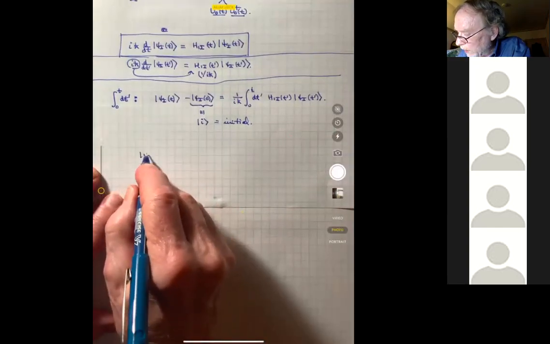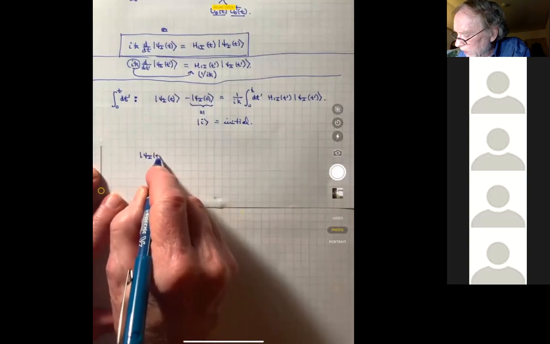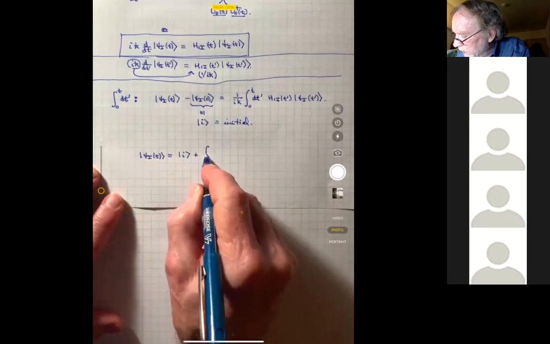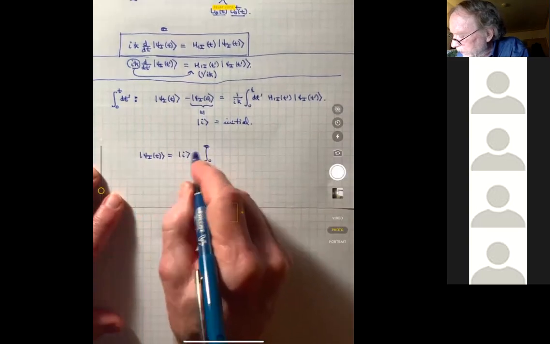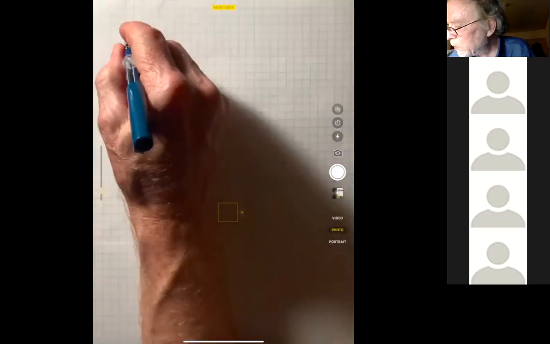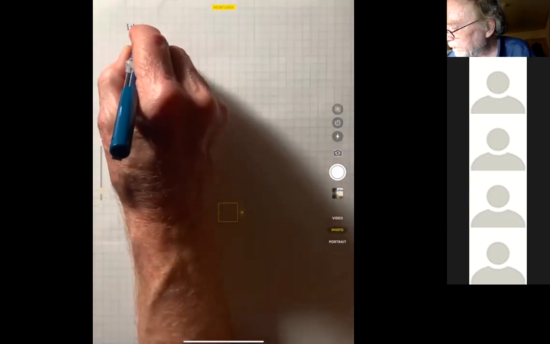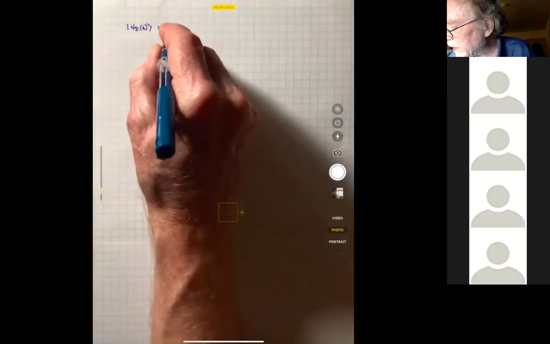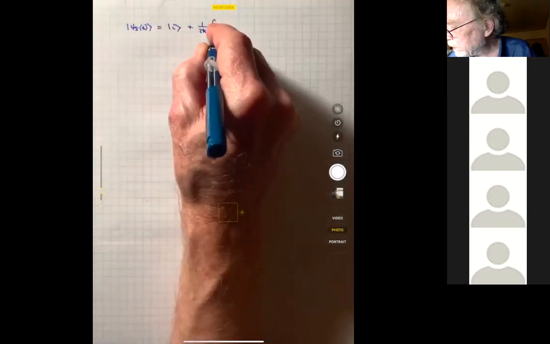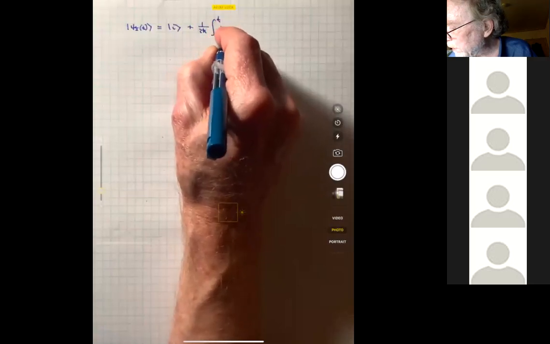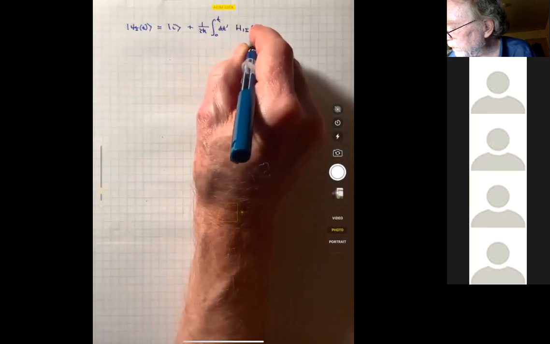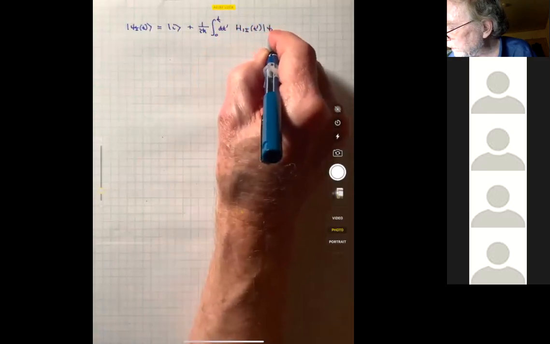If we do, then we can write what we just derived: psi I of t is equal to the initial state I plus 1 over i h bar, the integral from 0 to t dt prime of H1 interaction of t prime multiplying psi I of t prime.